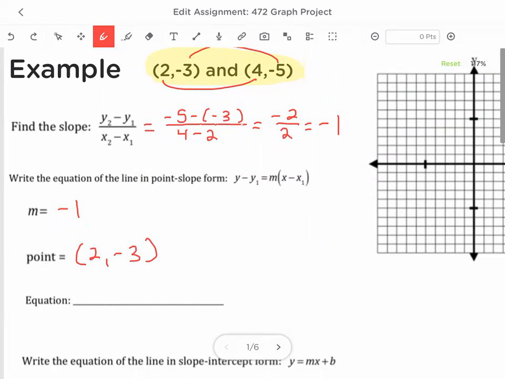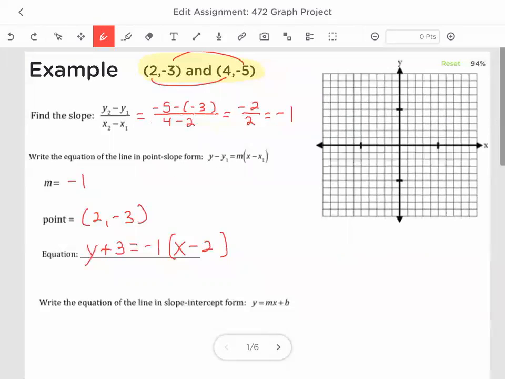So when we write the equation, remember we did this in class last time. We do y minus the y value. So it's going to be y minus -3, which is y plus 3, equals our slope, which is -1, times x minus our x value, or x minus 2.